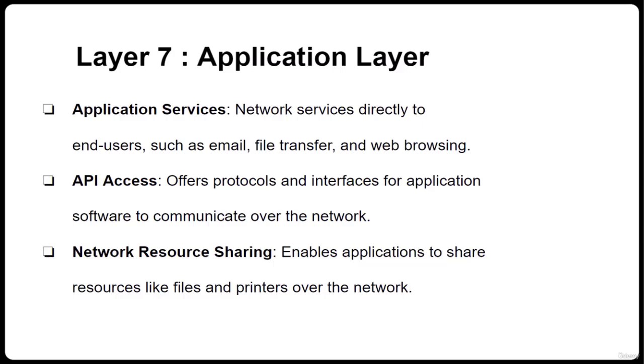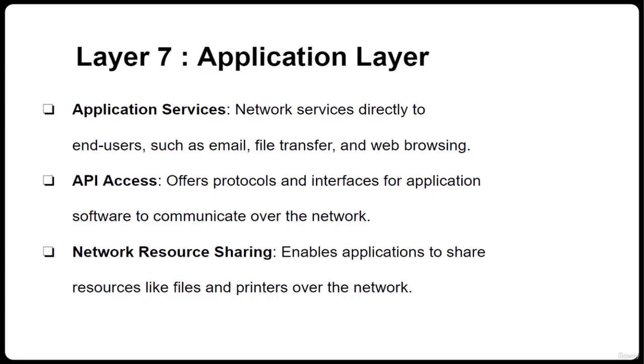At OSI Layer 7, we use a feature called API, an Application Programming Interface, how an end user can interact with the application and perform functions and processes within the application itself. At the application layer, we also can do network sharing. We can enable all of our application files to share resources to multiple users across our network.